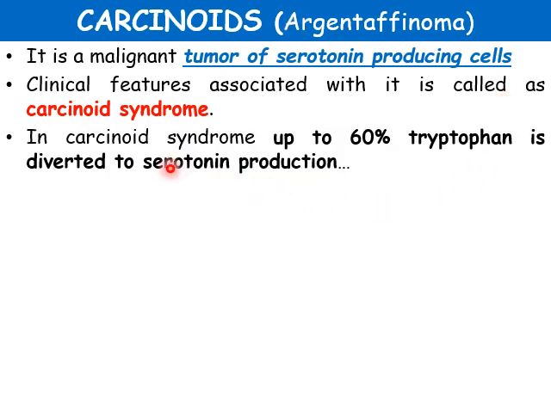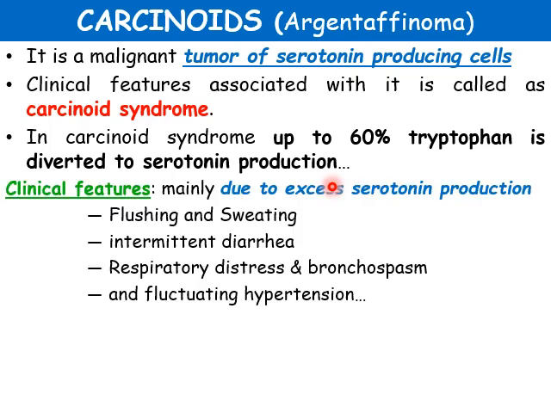In carcinoid syndrome, up to 60% of tryptophan is diverted to serotonin production. So most of the tryptophan we have will be diverted to the serotonin production. And because of this excess serotonin, it leads to symptoms like flushing, sweating, intermittent diarrhea, respiratory distress, bronchospasm, and fluctuating hypertension.